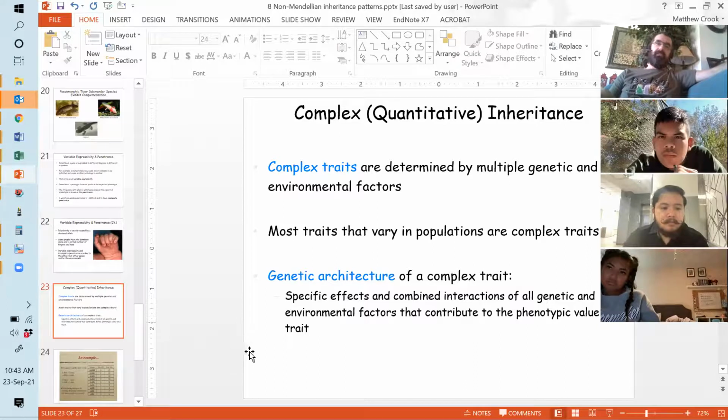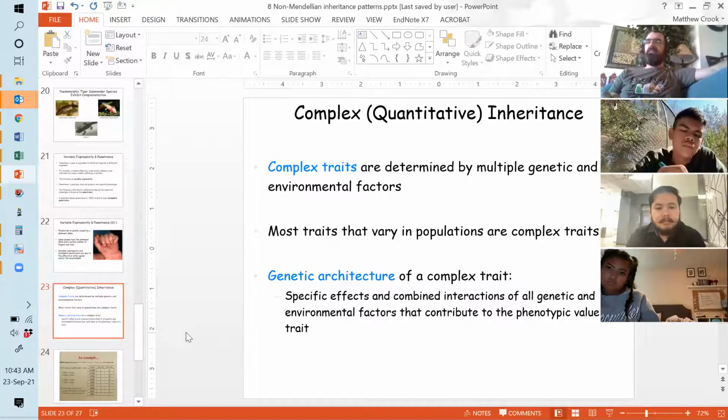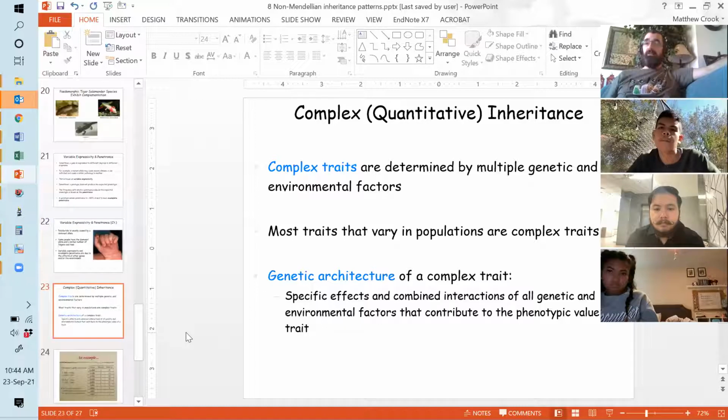So I'm kind of ripping through these a little bit because these are fairly straightforward in some senses and extraordinarily complicated in others. Basically the vast majority of traits that you will look at or observe are complex or polygenic traits. So there are multiple genetic factors at the very least, but also gene by environment interactions. A classic one is height, right?